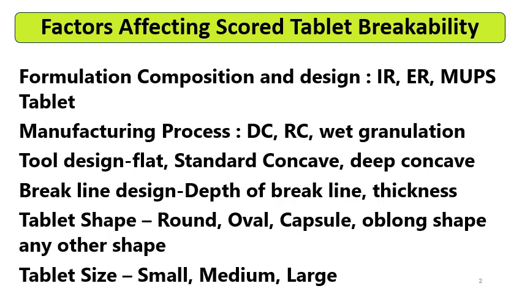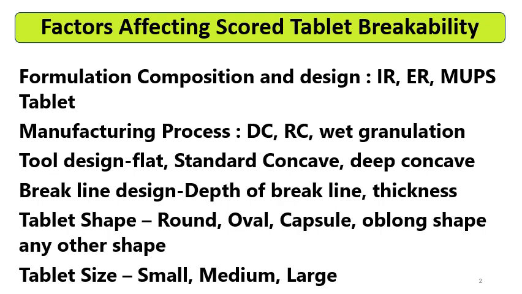The extended release tablet with matrix design contain the higher amount of polymer. So breaking the extended release matrix tablet may be quite difficult. Then IR formulation. So generally compared to other formulation designs, IR formulation may have the good breakability.